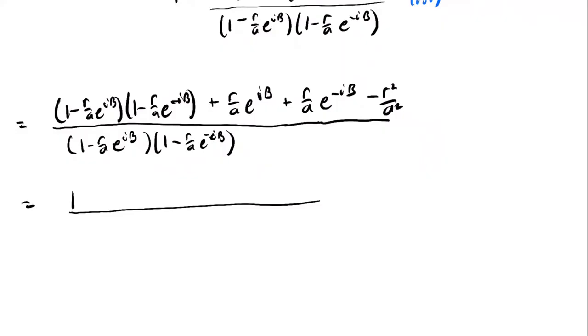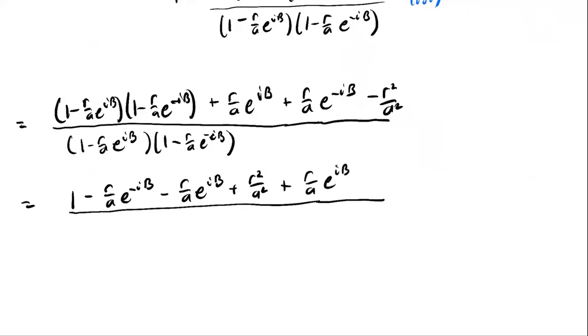We get 1 minus r over a e to the minus ib minus r over a e to the ib, and then finally plus r squared over a squared. And a lot of that's going to cancel out with what we have already: r over a e to the ib plus r over a e to the minus ib minus r squared over a squared.